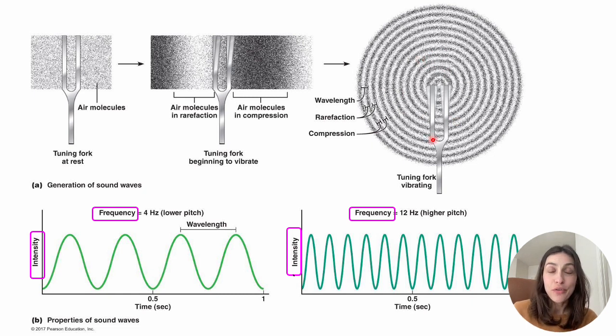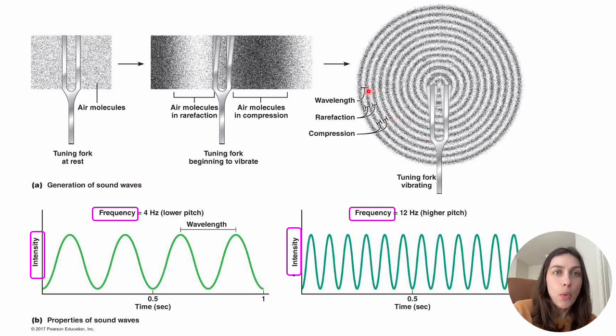You have visualized this by throwing a rock into a pond and seeing those ripples. That is exactly what's happening, except it's visible in there because you're seeing those water molecules be pushed. You cannot see the air molecules be pushed like that, but it's a very similar process that is going on.